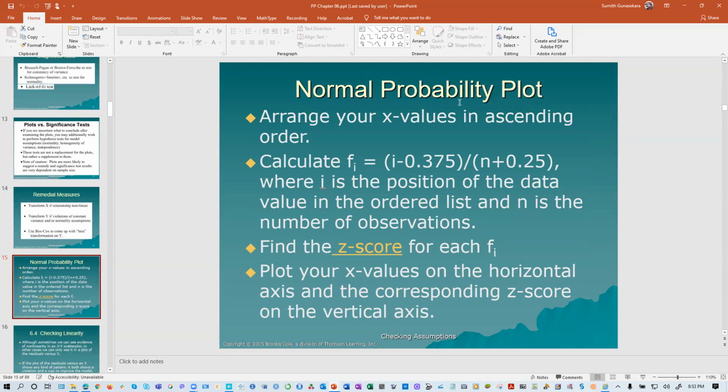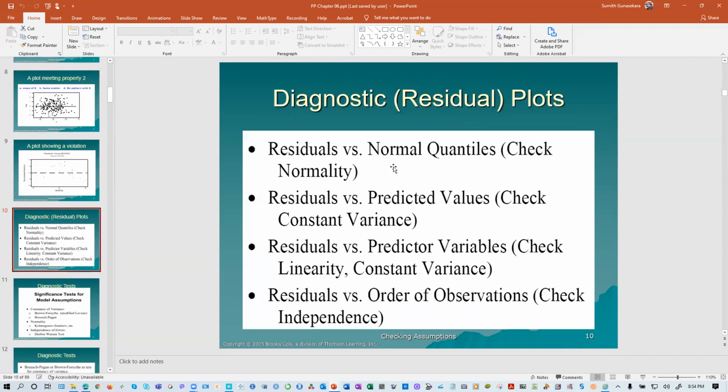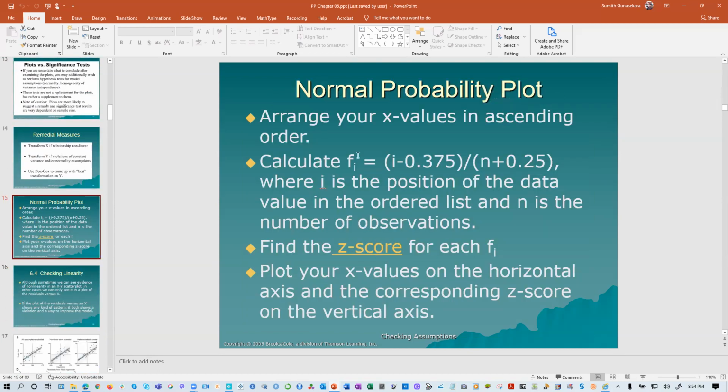So this is the normal probability plot. We were mentioning how to check normality at this point. How are you going to get it? Arrange your X values in ascending order. Calculate this value for each and every data point, where i is the position of the data value in the ordered list, and n is the number of observations.